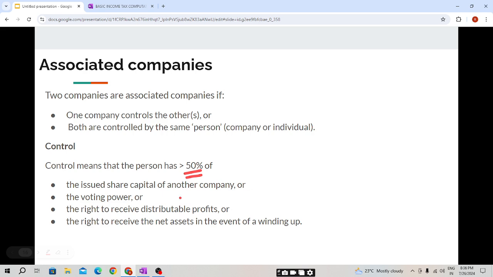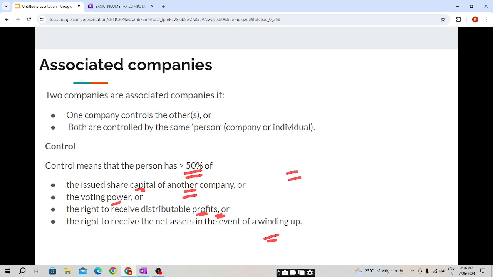The issued share capital of another company, that is, the control can be in the form of share capital, 51% of the shareholding or 51% voting rights, the right to receive distributable profits, that is, more than 50% profits must be distributed to that person, the right to receive the net assets in the event of a winding up.